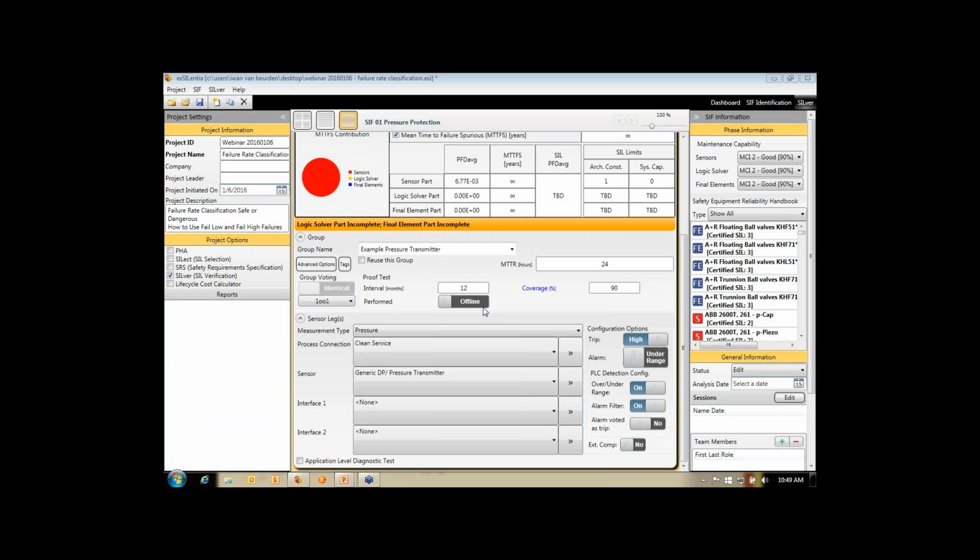So that could be something that the transmitter can detect. Hey, my sensing element gives a value that doesn't make sense, or doesn't give the value at the time that I expected, and the transmitter will then drive the output to that predefined output range.